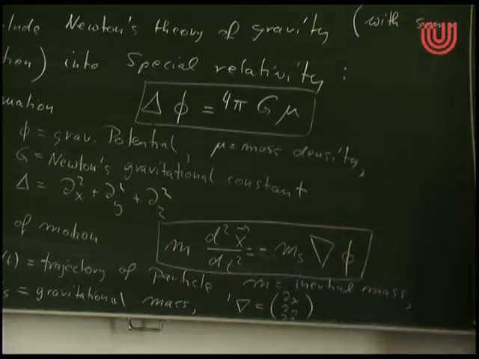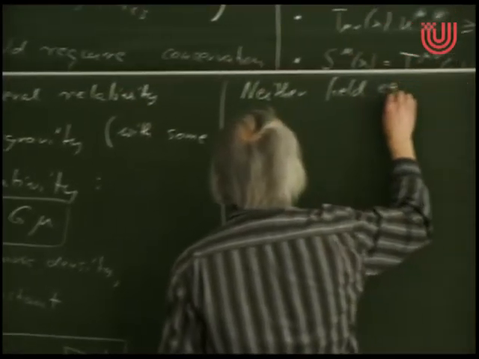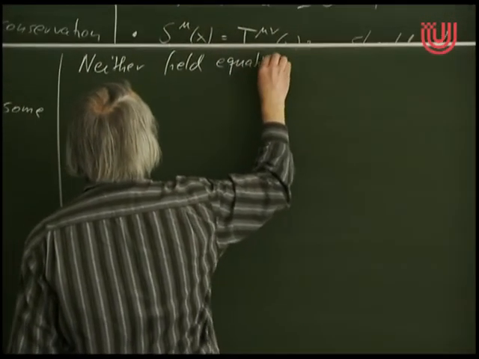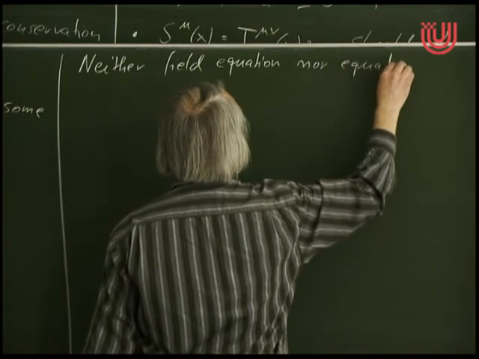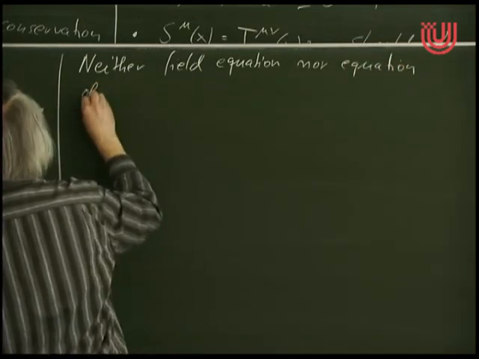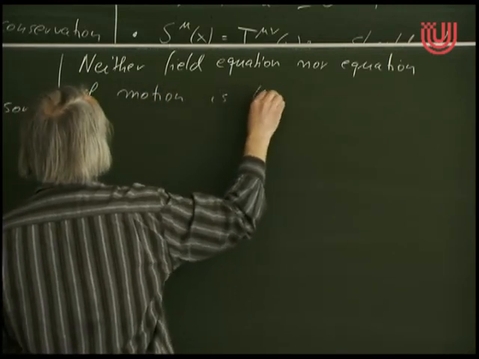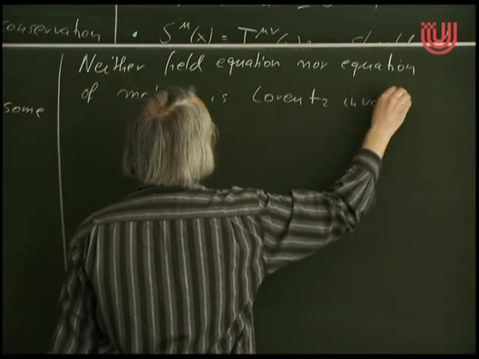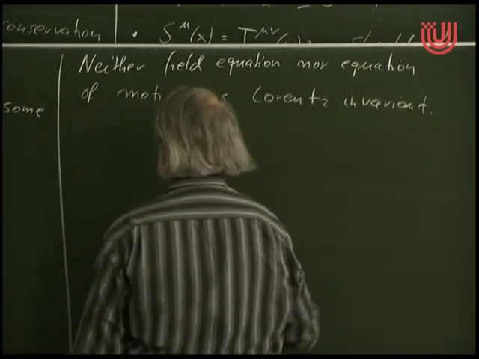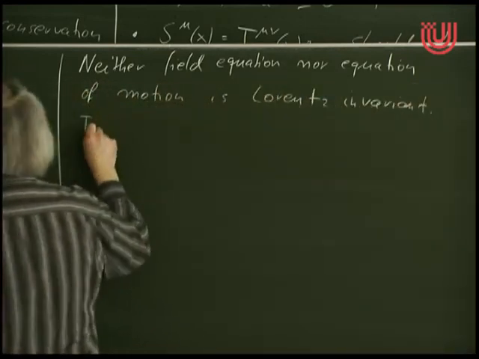This cannot work to get something which is Lorentz invariant. Neither the field equation nor the equation of motion is Lorentz invariant. So they must be modified if we want to fit them into special relativity. Try to modify them.